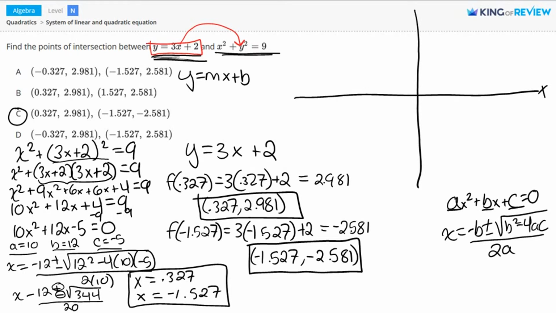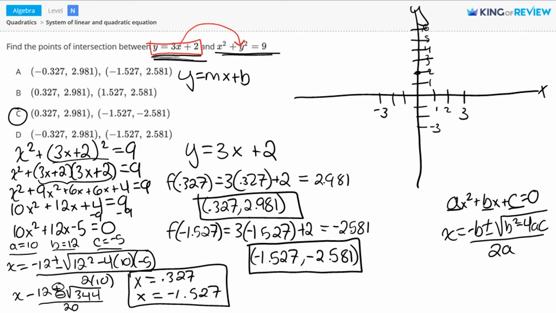Here's our x-axis and our y-axis. Okay, so it crosses the y-axis at 2.